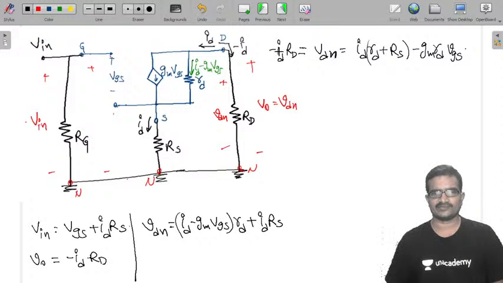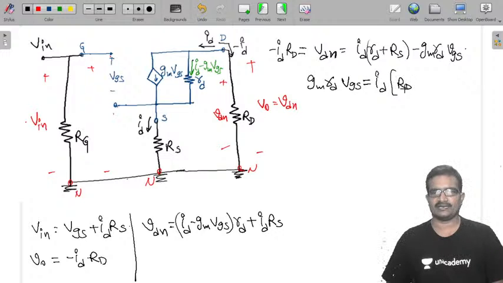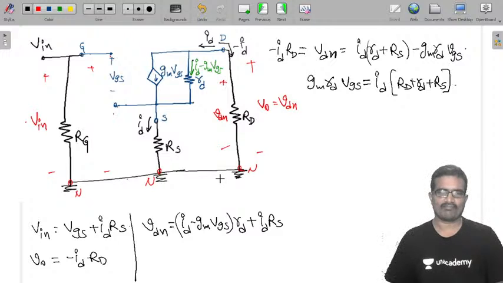Now simplify this. Take this one this side and this one this side. gm into rd into VGS equals ID into (capital RD plus small rd plus RS).